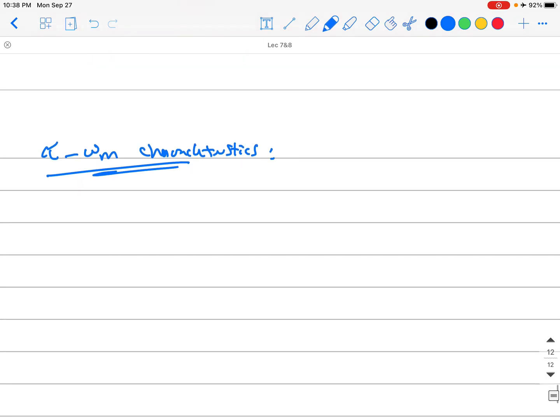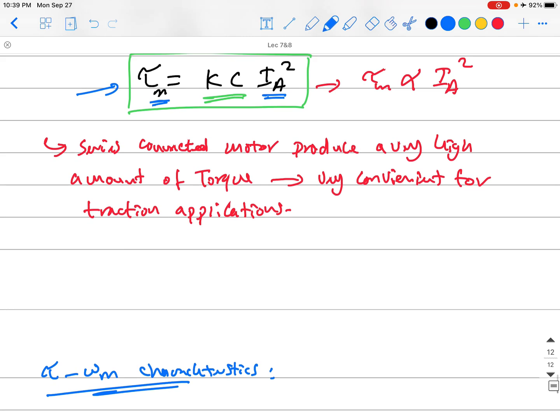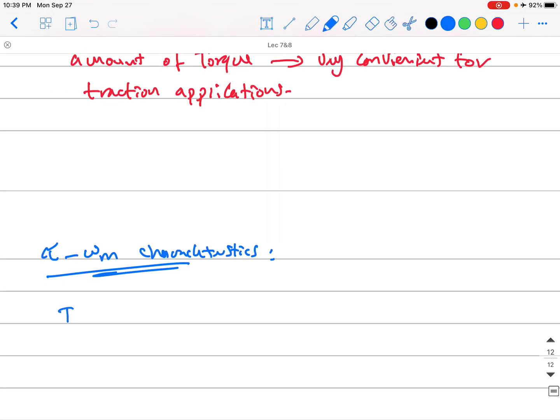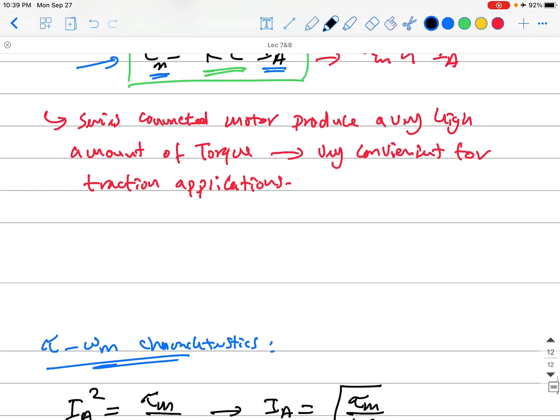So in terms of math, from the torque equation, Ia squared will be equal to the torque divided by Kc. That means Ia is the square root of the torque divided by Kc. Okay?